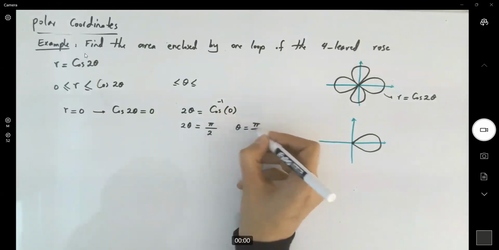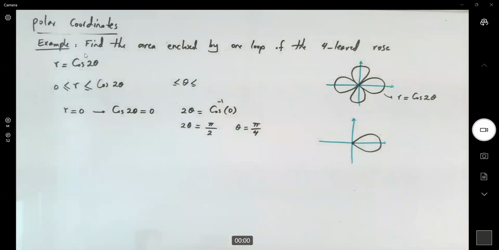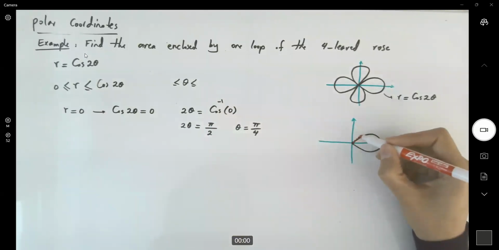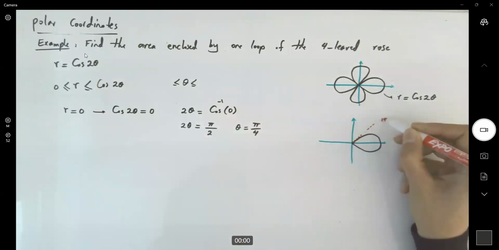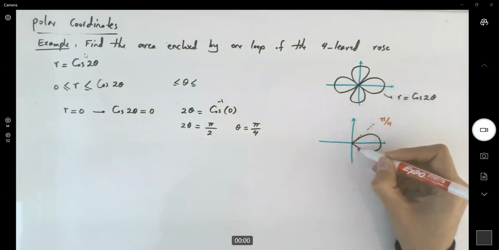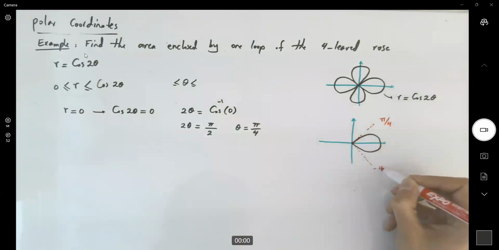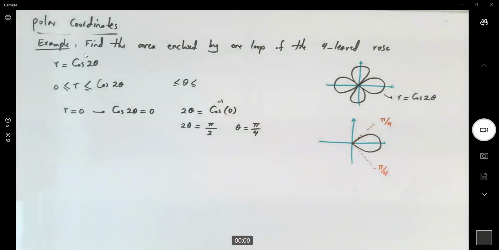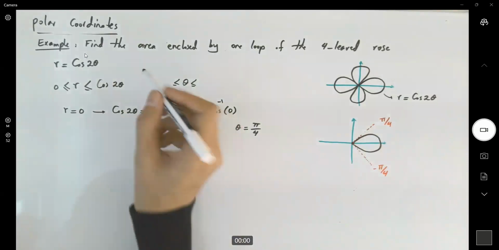Theta is pi over 4. Take a look. Your theta is bounded between pi over 4 and also negative pi over 4. So these are the boundaries for my theta.